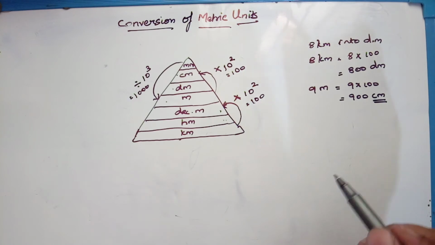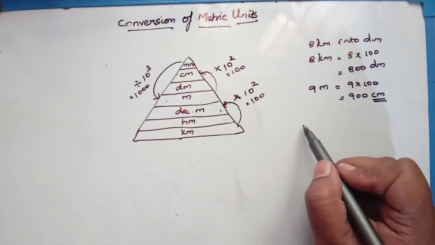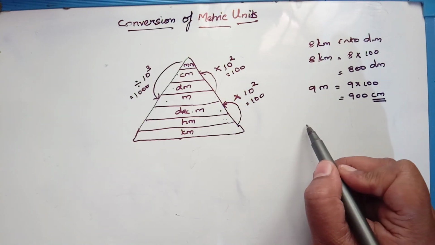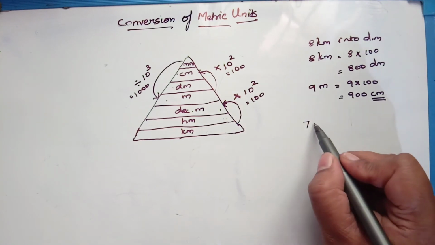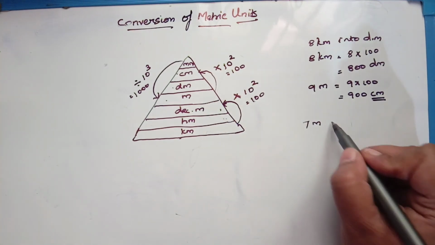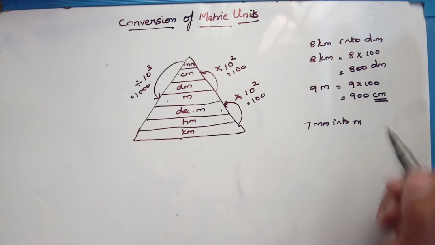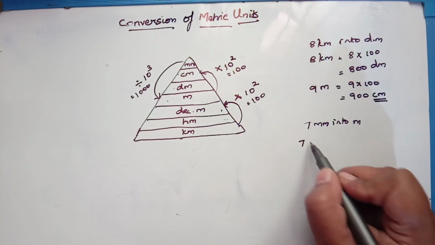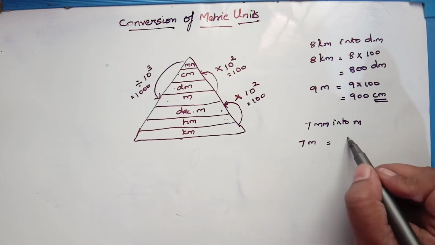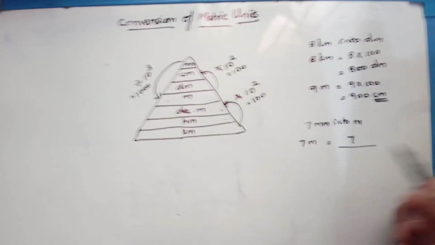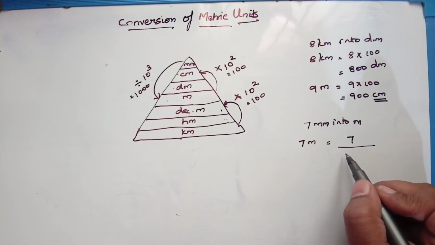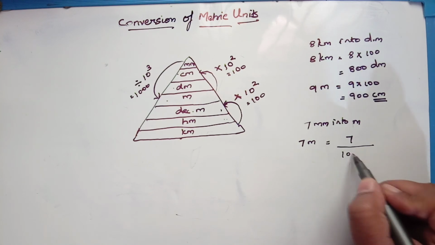Same way, I'll use 7 millimeters. I have to convert it into meters. When I convert 7 millimeters into meters, I have to divide by 1000.